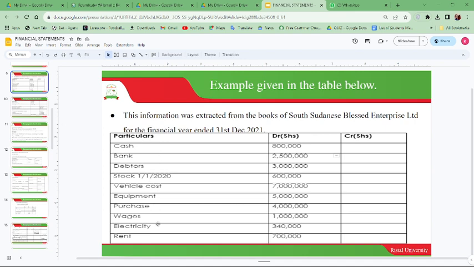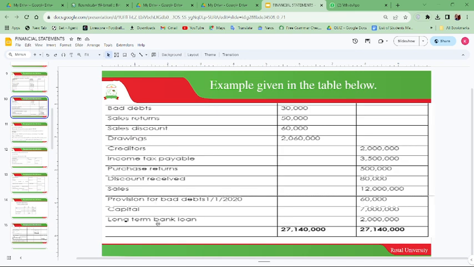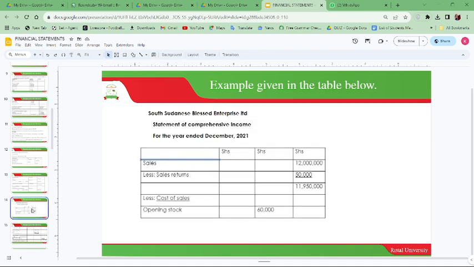Yes, sales are here. The amount for sales is 12 million. So that 12 million is the one that you bring.